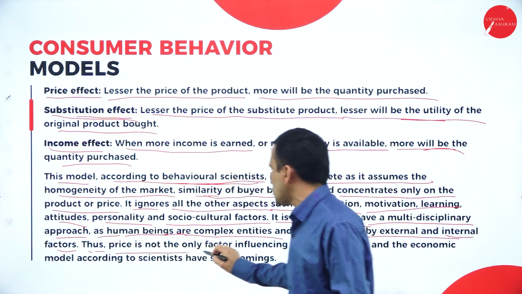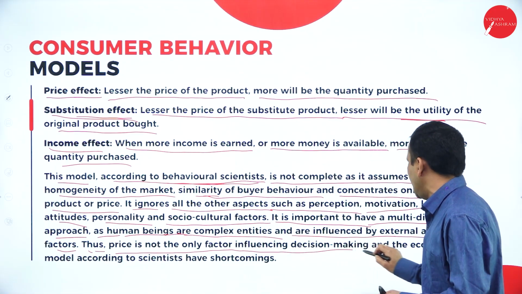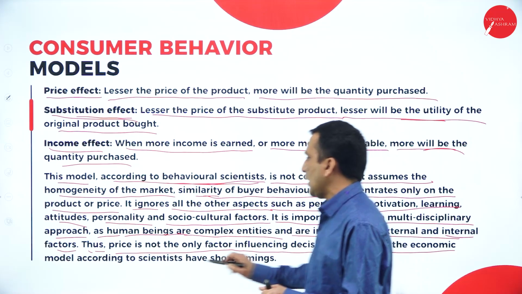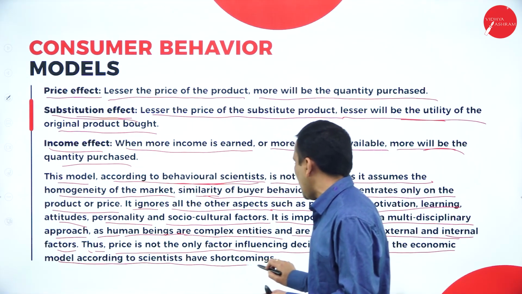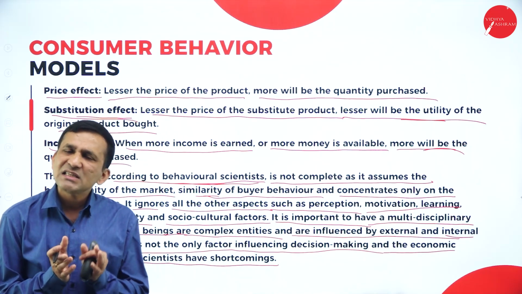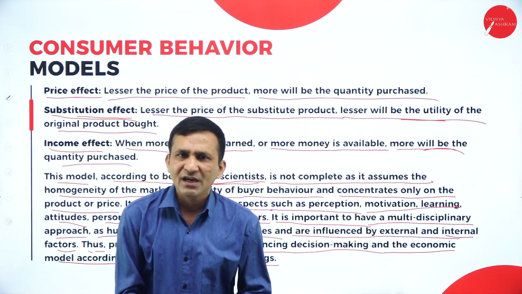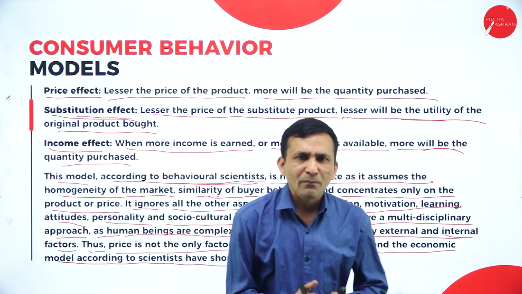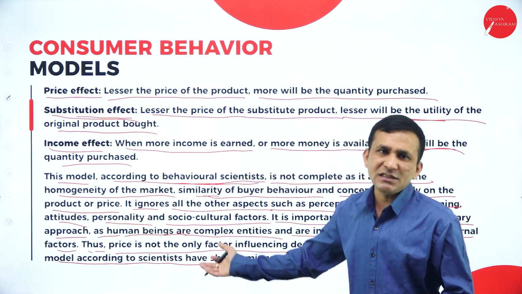So price is not the only factor influencing decision making, and the economic model, according to scientists, has a shortcoming, because any company that is not studying consumer behavior using different types of models, whatever we are discussing in this session.